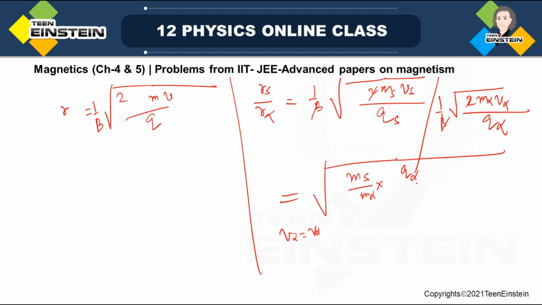So this will be q alpha by q sulfur. Okay, so here for sulfur, ms is equal to 32, that is given. M alpha is actually 4.